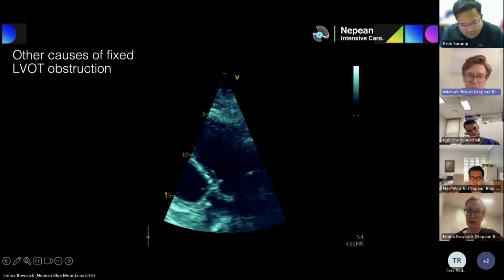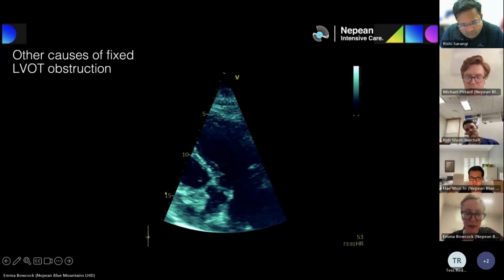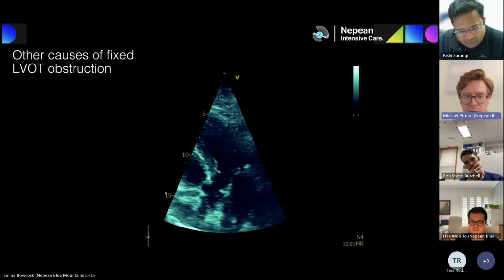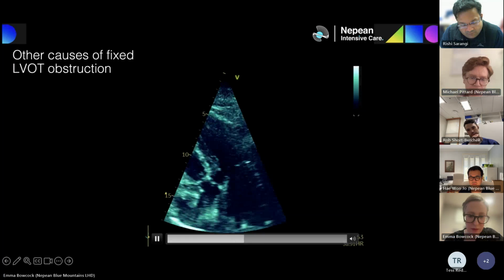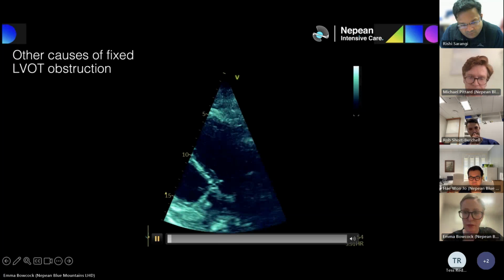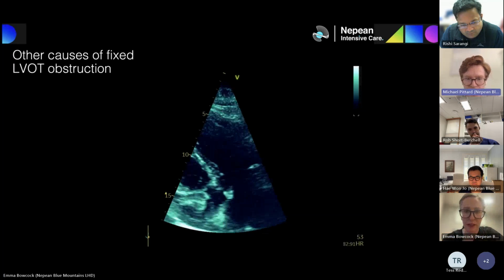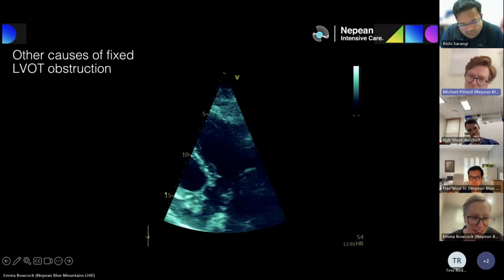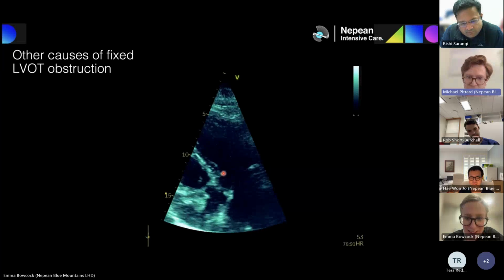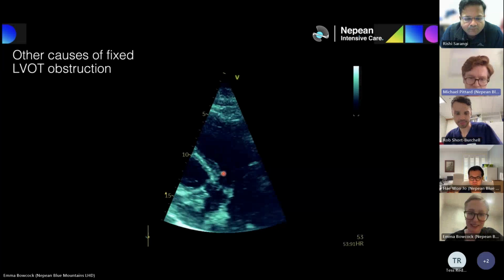I can have a go. It looks like a slightly off-axis apical 5-chamber view on a transthoracic echo. Maybe a centimetre or so into the LVOT from the aortic valve, there's a bright echogenic structure that projects into the LVOT.